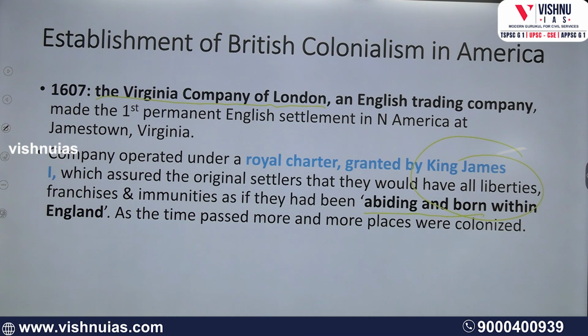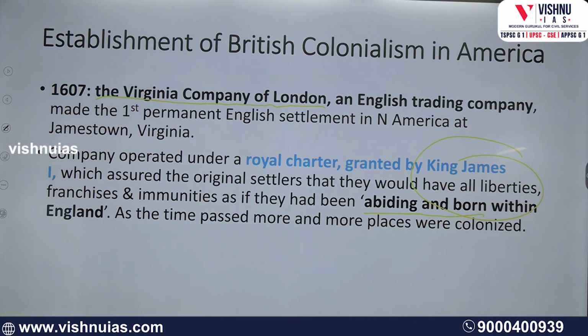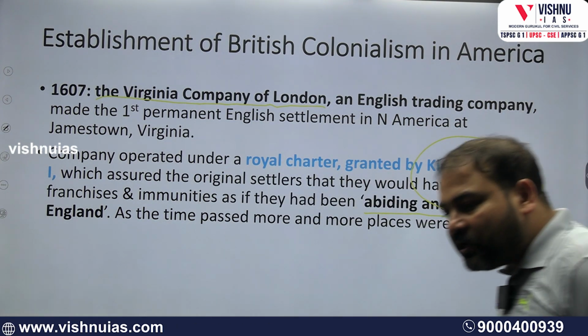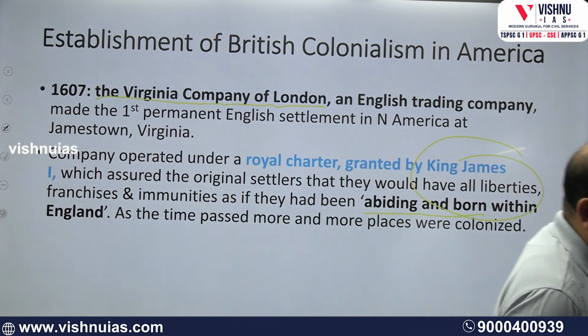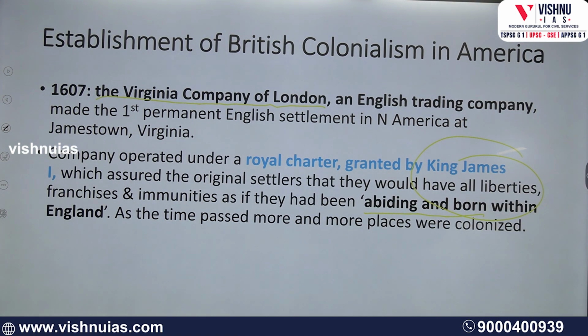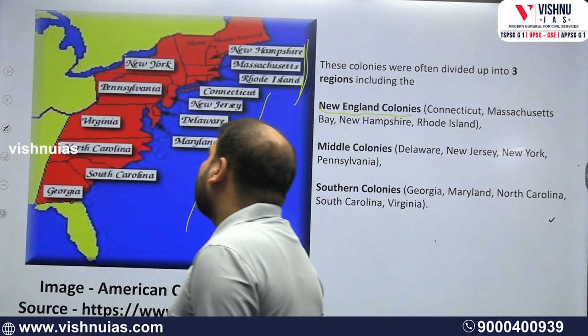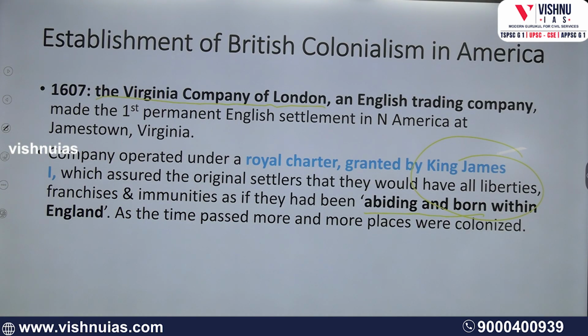If you want it in clear words, write this: the relation between American colonies and the British power was smooth in the beginning, with some irritants coming in due course of time. What are these irritants? I'll tell you in a minute. In the beginning the relations are good, but slowly some deterioration happened.